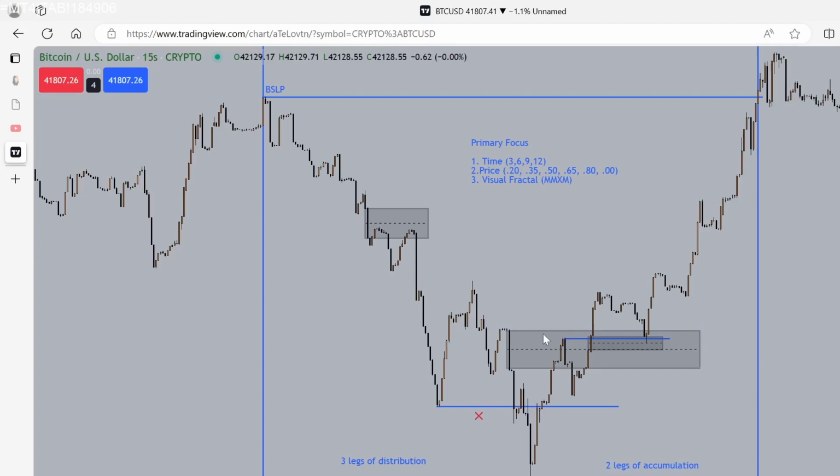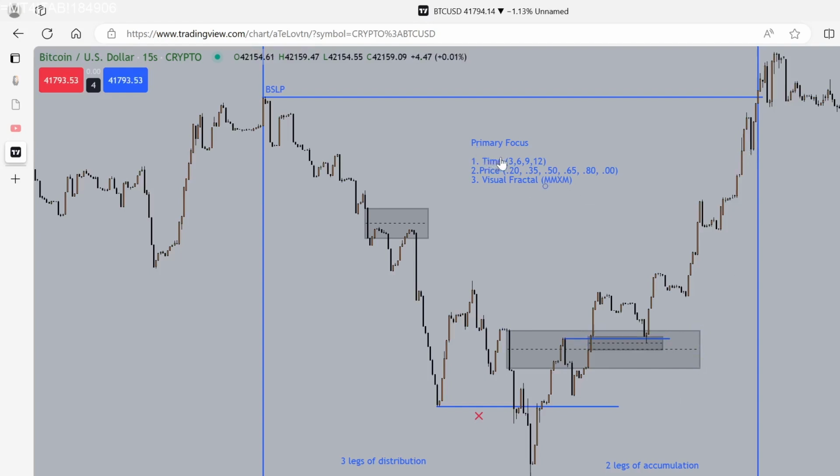Continuing on and finishing up with this session, this long here is accumulation of smart money buys. We have the optimal trade entry, balanced price range, fair value gap, order block, with the Williams Percent R. The Williams Percent R is hinting to us that smart money is going to be getting in the marketplace here to go long.